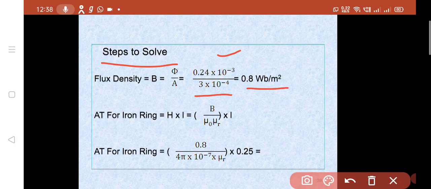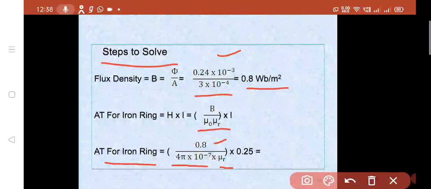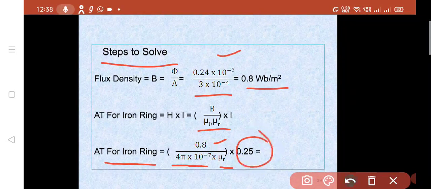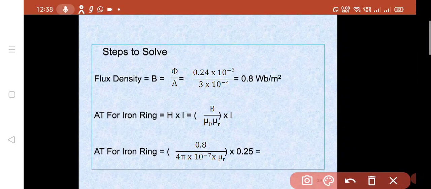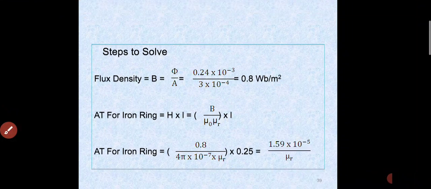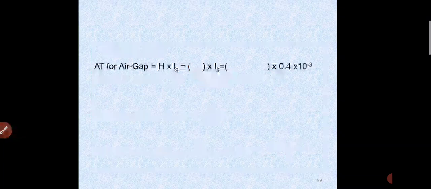Ampere turns for the iron ring, H into L is equal to B by μ0 μr into L. B is 0.8, the μ0 value is 4π into 10 to the power of minus 7, and the L value is 0.25. So it is 1.59 into 10 to the power of minus 5 by μr.